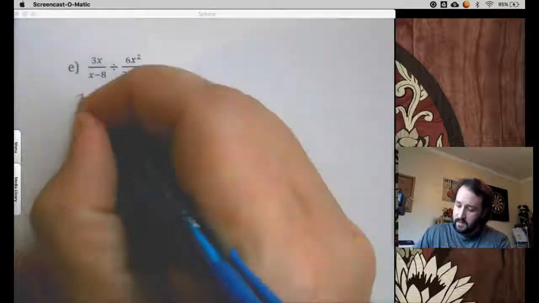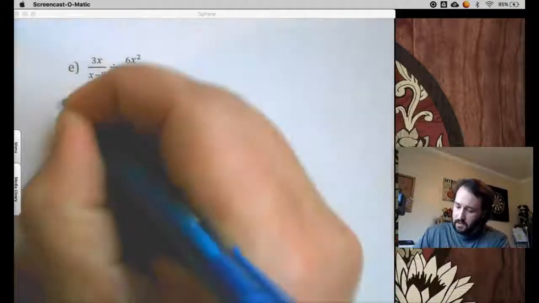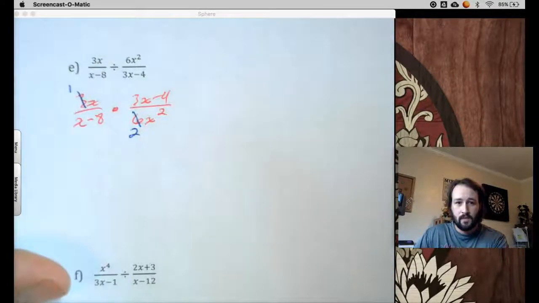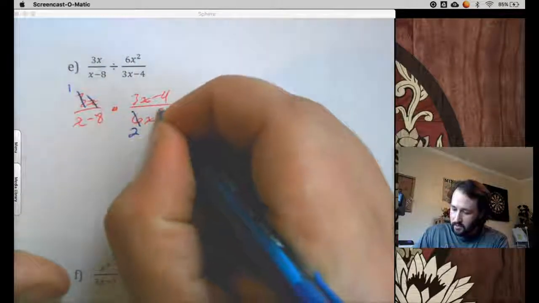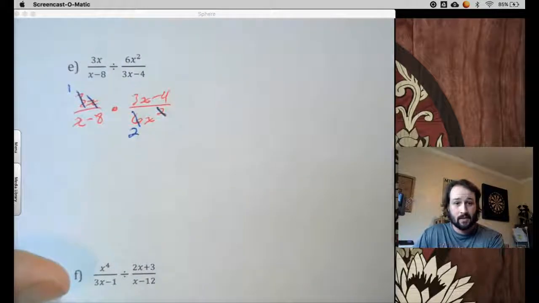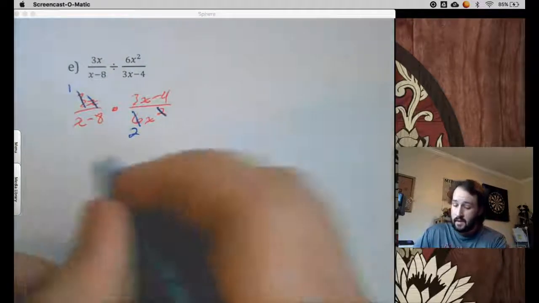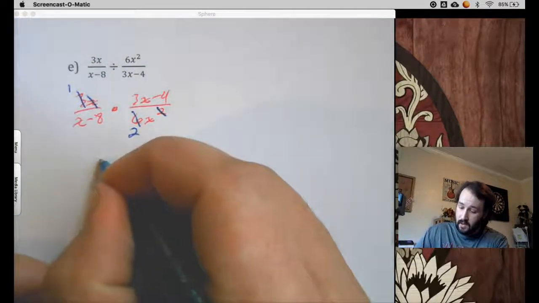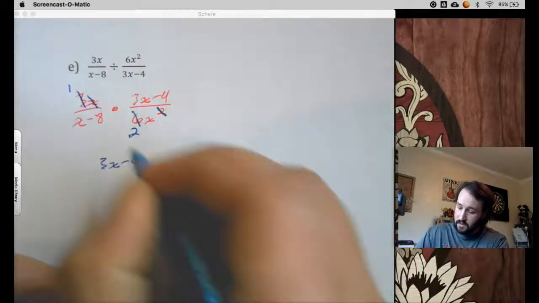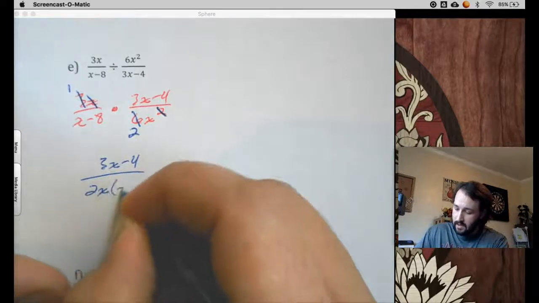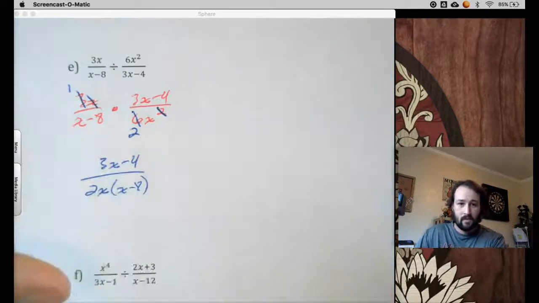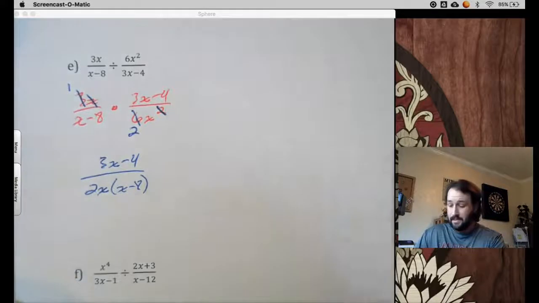So I see 3 divided by 6 would reduce to 1 over 2. I also see x divided by x squared would make it just 1 over x. So now that I've done that, this is 3x minus 4, so I have 1 times that, over 2x times x minus 8. Okay, so that makes our multiplication a lot easier.